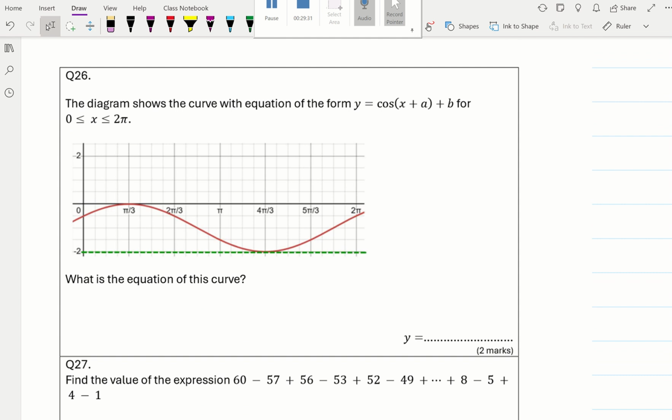Now, question 26 says the diagram shows the curve with equation of the form y equals cos(x plus a) plus b for between 0 to 2 pi. Now, please note that these signs are generic.